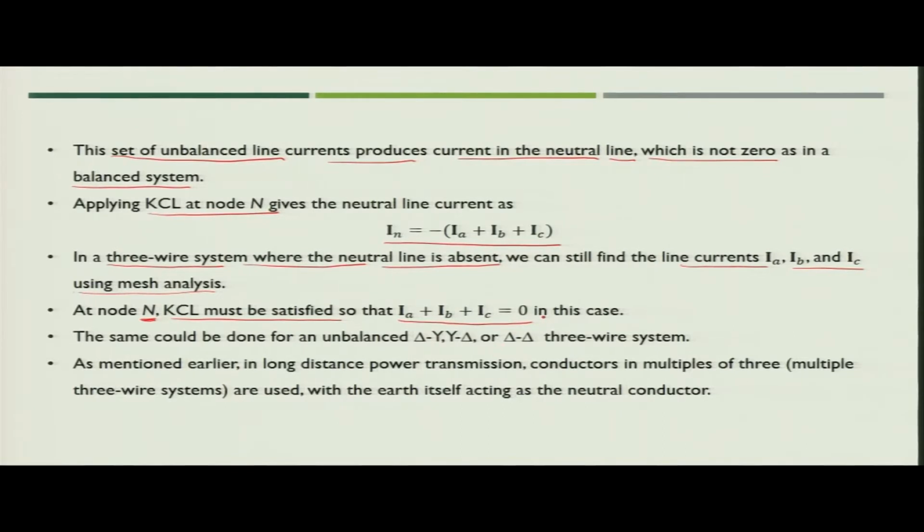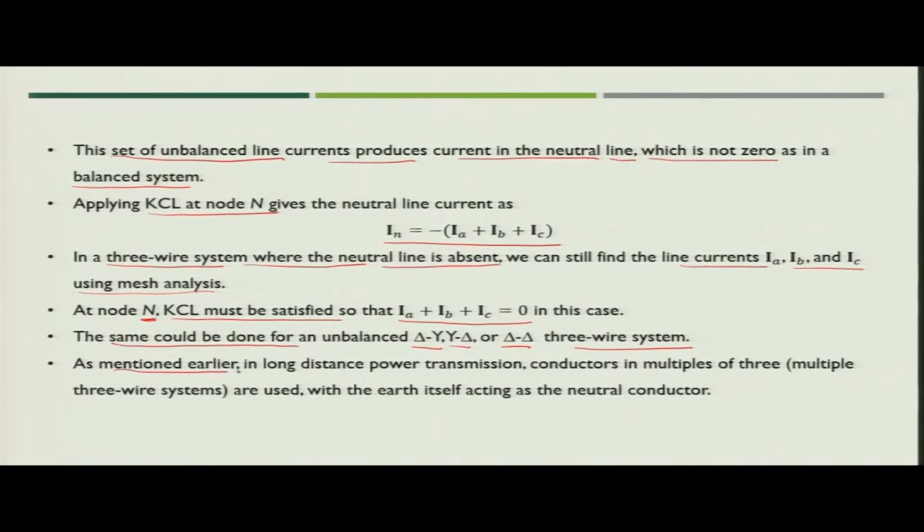This we have analyzed for a star-star or Y-Y connected system. The same we can do for unbalanced delta-Y, Y-delta or delta-delta 3-phase 3-wire systems.